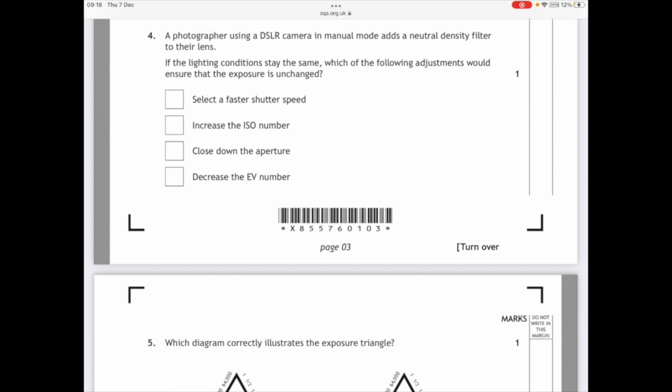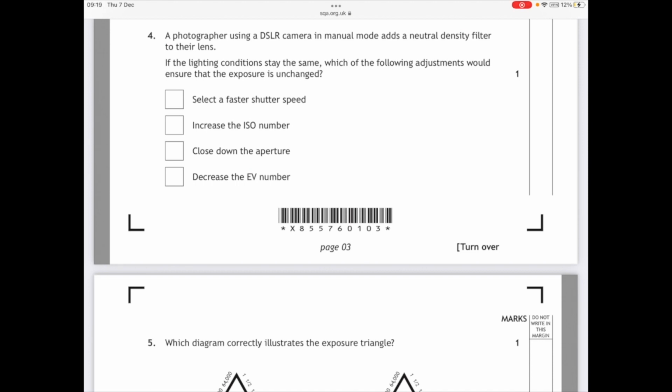It will diffuse the light which is hitting the sensor. So if we used a faster shutter speed, that would just make the image darker. Increasing the ISO, we're making the sensor more sensitive to light because we've got sunglasses on our lens. So if we increase the sensitivity of the sensor, then we can get a correct exposure. So that's why that is the answer.